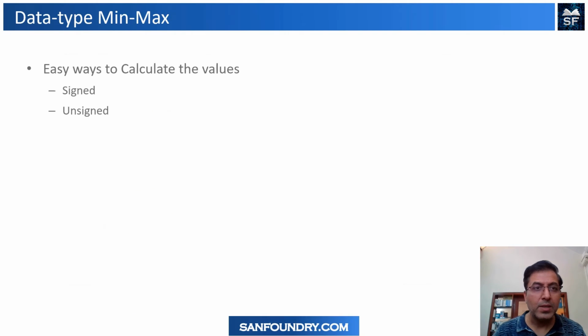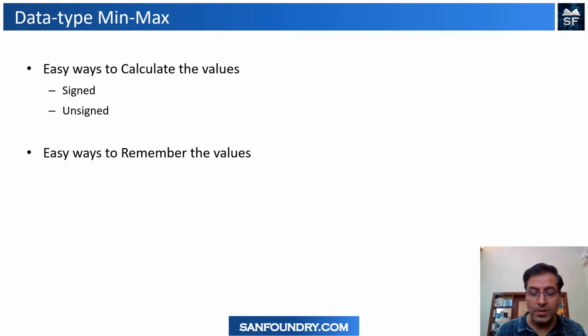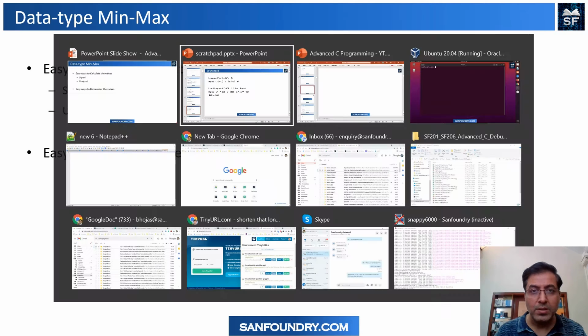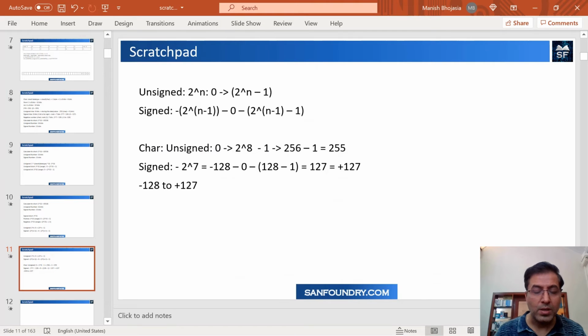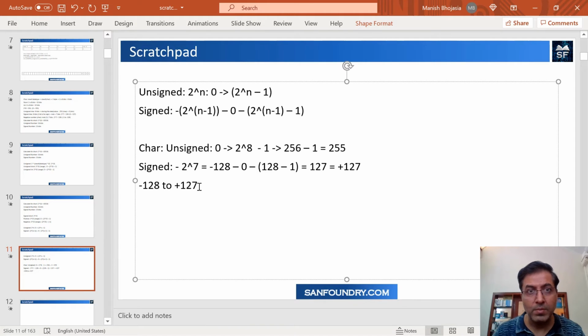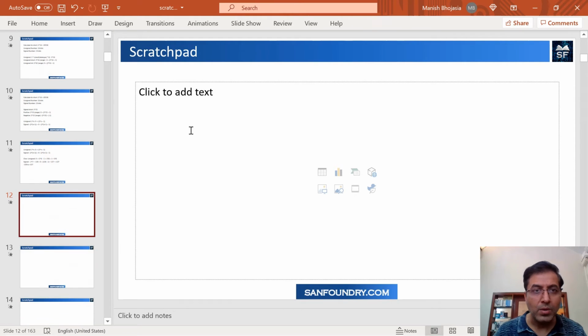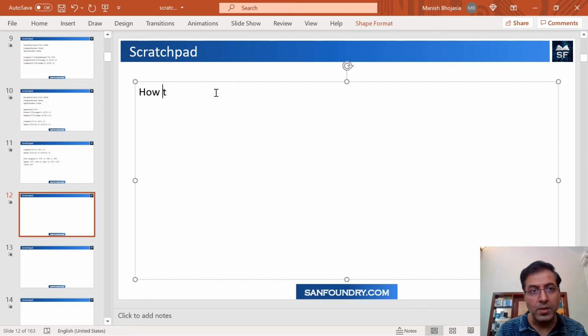Now, having calculated this, what is the easy way to remember the values? This is very tricky because many of us are used to reading numbers in human readable format, which is the decimal number system. So how do we remember the min and max?